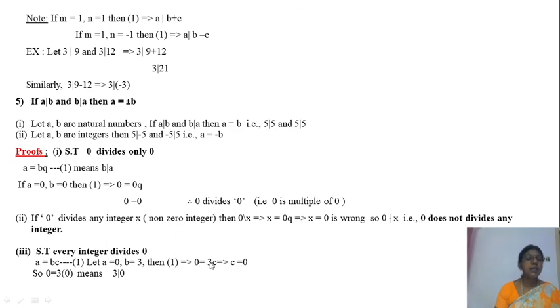So 3 divides 0, and 0 divides 0. 0 does not divide any other integer. From these two we get 0 divides only 0. But 0 does not divide a, while a divides 0. Every integer divides 0.